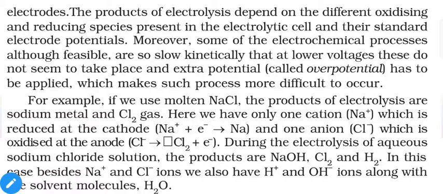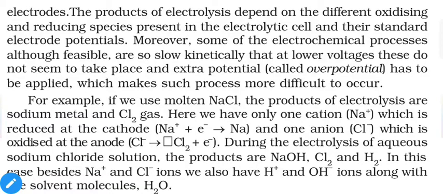If you have two positive ions and both are able to be reduced, and two negative ions and both are able to be oxidized, then what will happen? Which of the two will oxidize, or which of the other two will reduce? It depends on their standard electrode potential. How? We will discuss it with suitable examples so you can understand it.